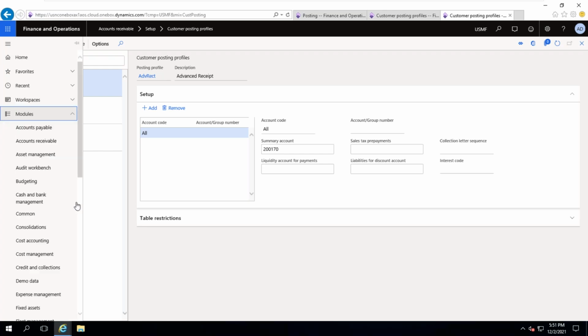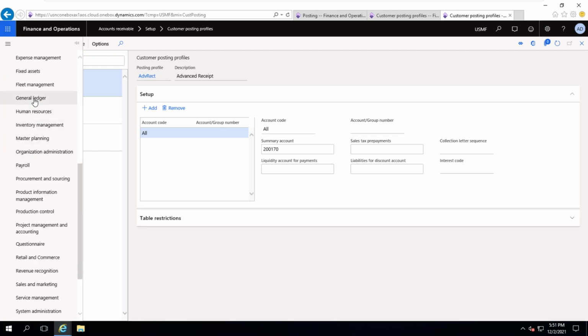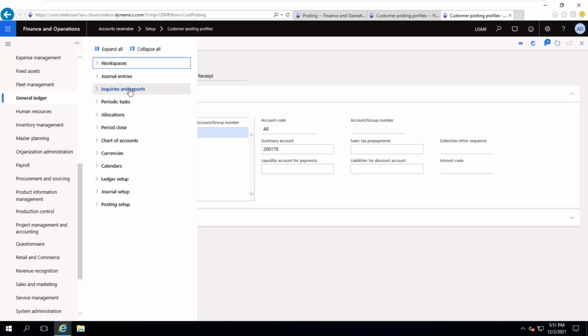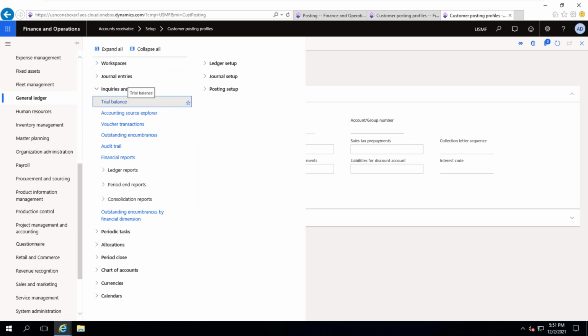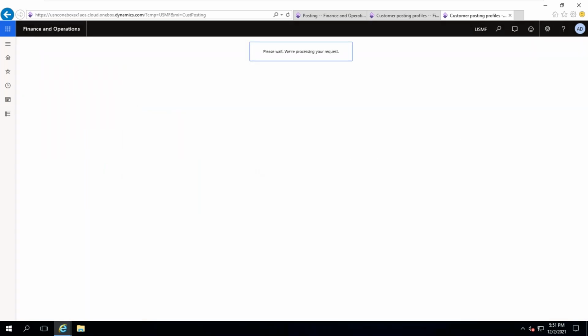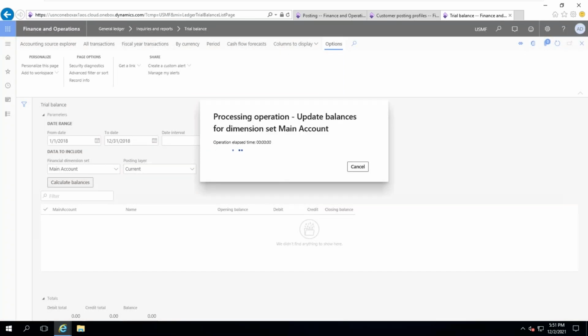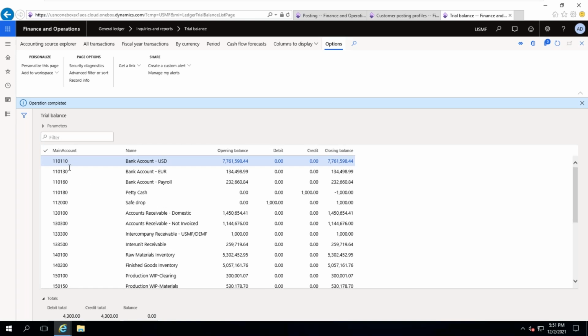Let me go to General ledger, collapse all, Inquiries and reports, Trial balance. If I click on, suppose 2018, calculate balances, some date, whatever it is, each account's balance is shown.